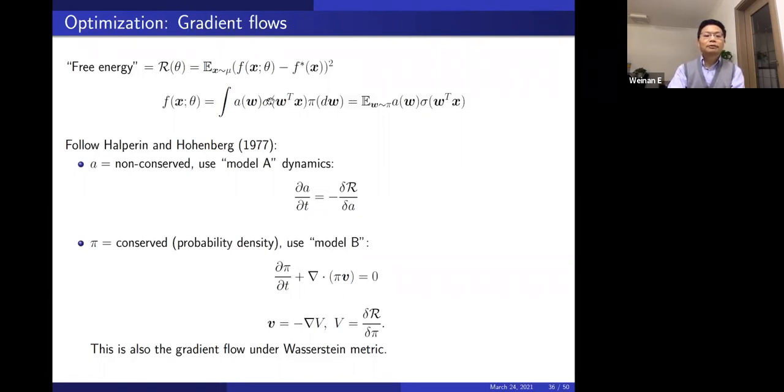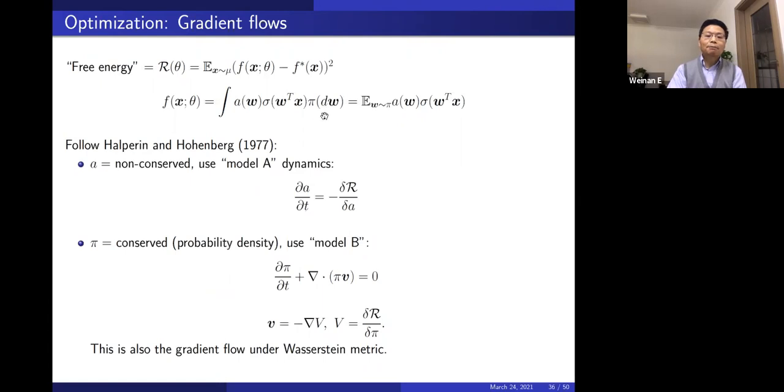For example, we can write down some gradient flow for this kind of representation where A or pi is going to be the parameter. If we regard A as being the parameter, we can do some model A dynamics. This is a terminology that's adapted from statistical physics. This is called model A dynamics, straightforward gradient descent, gradient flow.